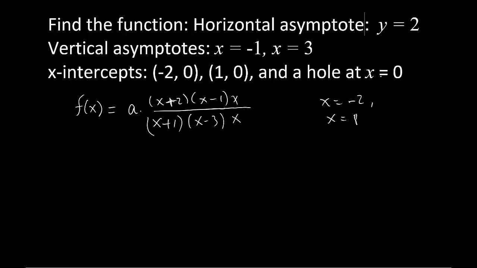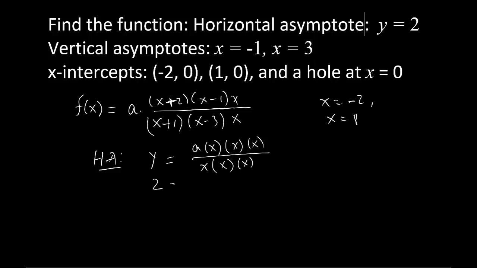Now we need to see what happens on a. It says horizontal asymptote is 2. So what is our horizontal asymptote? We know our horizontal asymptote is y, which is a times just the leading coefficient. So you take x from the first term, ignore the constant, then x, over, you take your x, ignore the constant, then you have another x, then you have another x. And we said that y equals 2, so you plug in 2 equals, so this x is all cancelled out. So that means a equals 2.